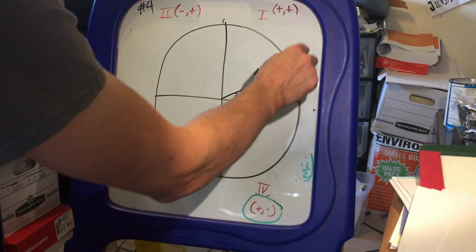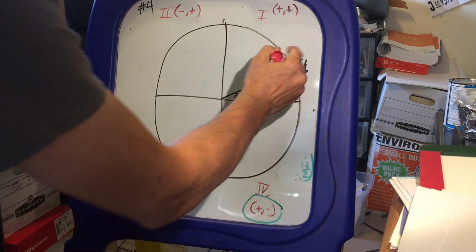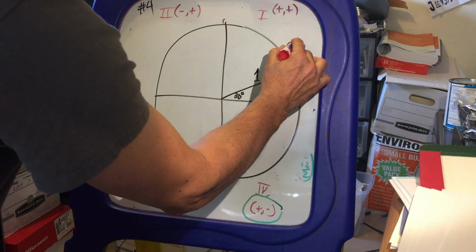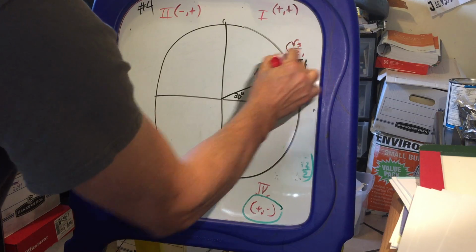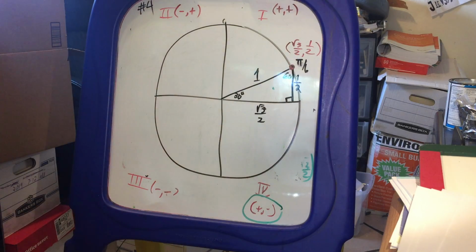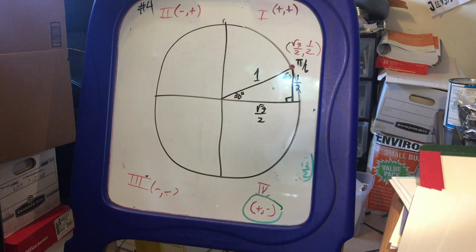We end up with a coordinate right here of root 3 over 2 to the right and 1/2 up. That's the coordinate right here on the circle. It's a very important thing to know about.